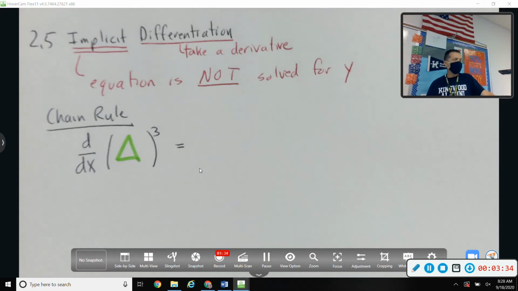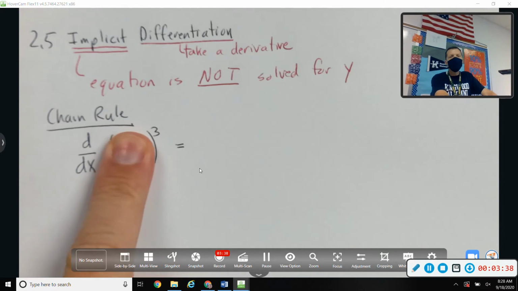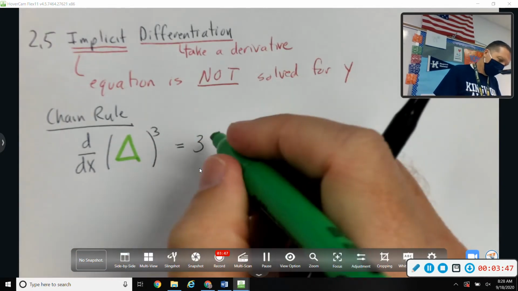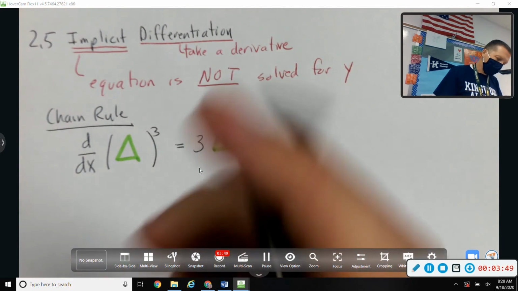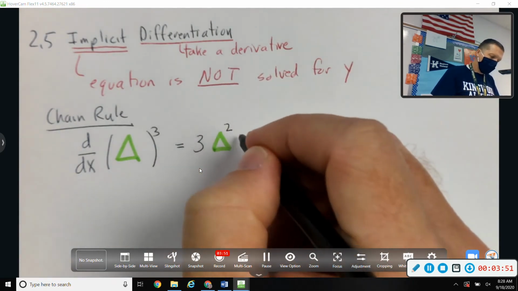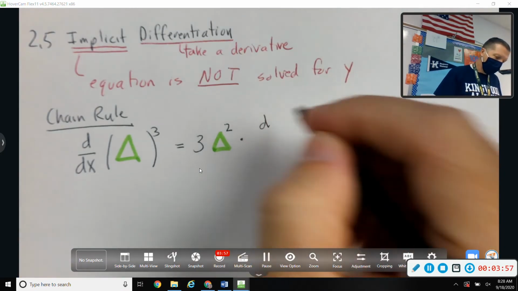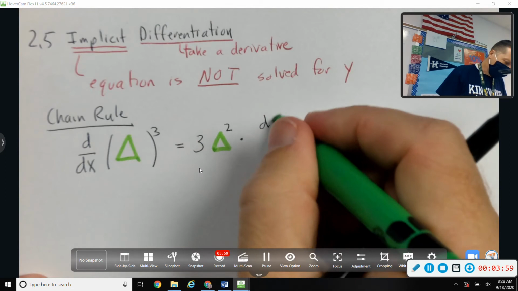I don't know, it doesn't matter. Because what's on the outside is the cube. So I'm not worried about the green triangle yet. I'm going to use the power rule. So 3 times the green triangle squared times, I don't know what the green triangle is, but it might have a derivative. So I have to take the derivative of the green triangle.